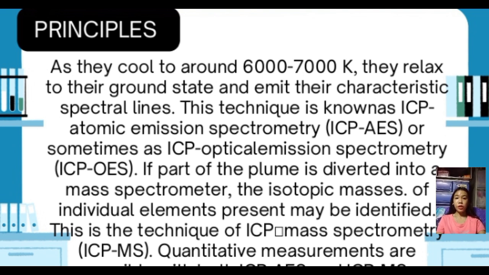This phenomenon forms the basis of ICP atomic emission spectrometry, or ICP-AES, also called ICP optical emission spectrometry, or ICP-OES, which allows for qualitative and quantitative analysis of the sample's elemental composition. In addition to being analyzed via spectroscopy, a portion of the plume can be redirected into a mass spectrometer.